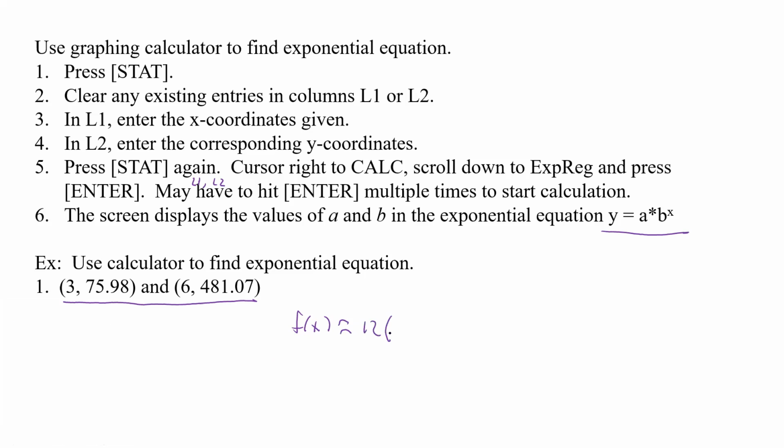And then our other one, it had 1.84 and so on, and I'm going to round it to 1.85, and then that's to the x. Now a lot of problems will tell you to round to a certain number of decimal places. So maybe we would have put 12.00 times 1.85 to the x. Maybe they said round it to 2 decimal places for both of them, and maybe that's what we would do here.